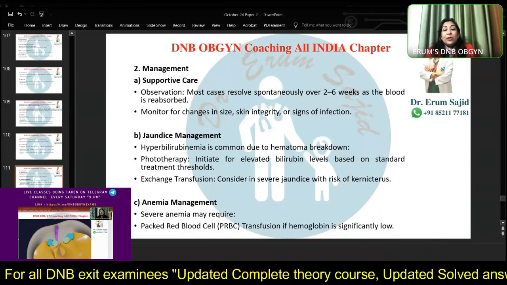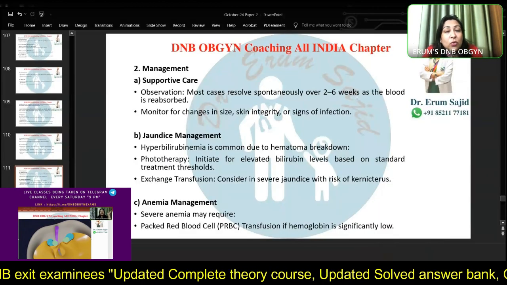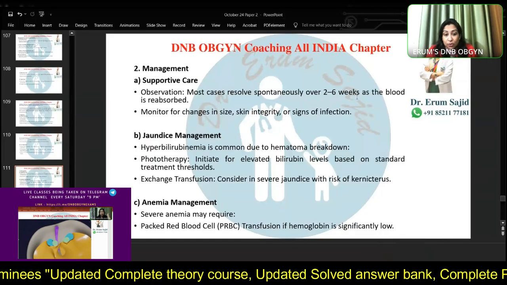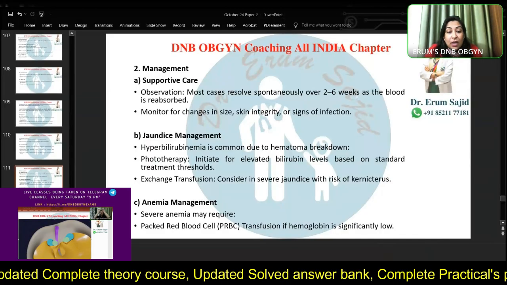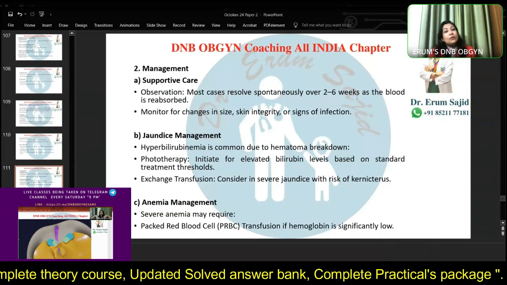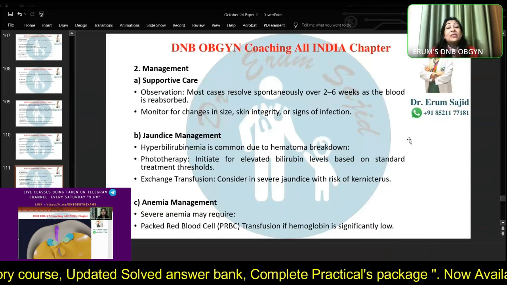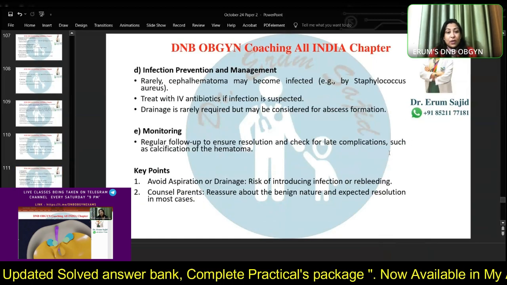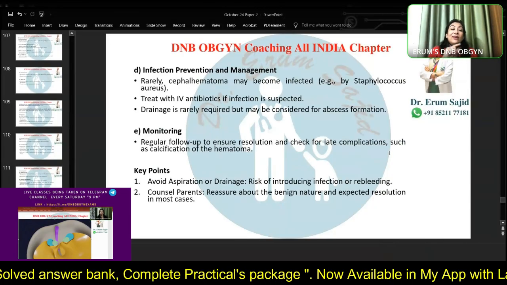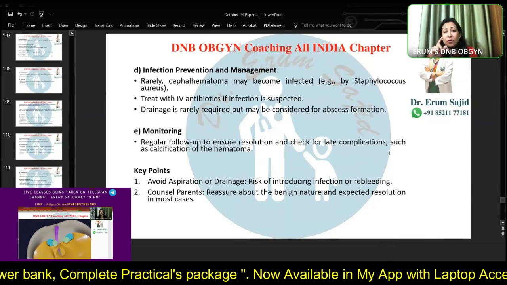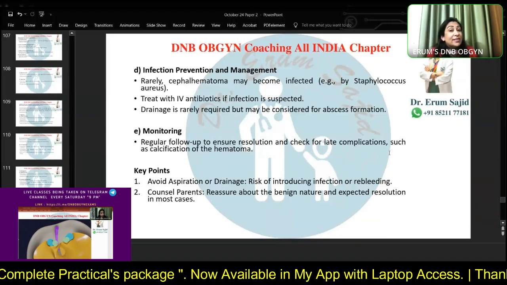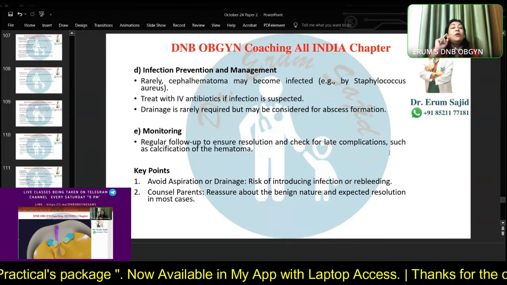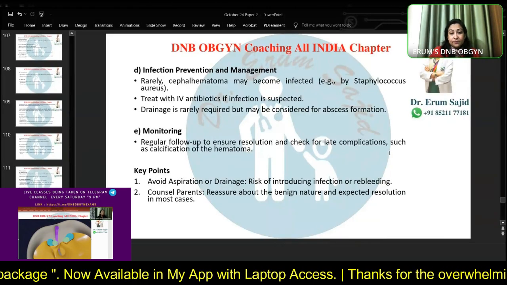Phototherapy can be given if the bilirubin level is increasing, because bilirubin to a certain extent is fine. After that, it's not good. So you can't keep waiting forever. Anemia might require blood transfusion because hemoglobin sometimes can go significantly low. Of course, you have to be on a lookout for any infections. You have to have proper monitoring with close liaison with the neonatology team. We will not aspirate. We will not drain. Okay.